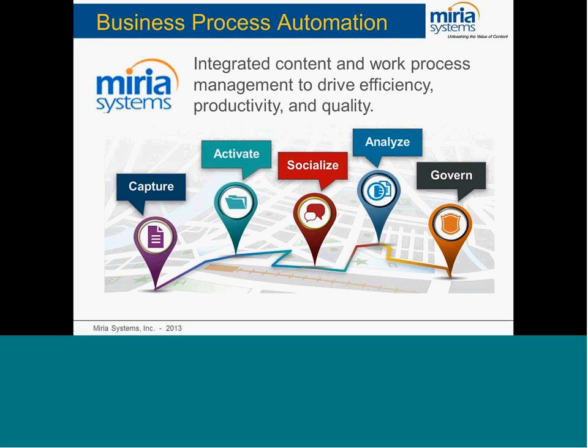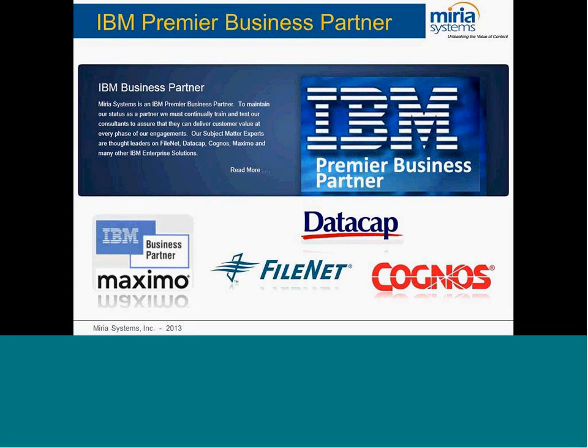For example, if you capture an invoice, how do you get it into your systems, activate it, and then socialize it or collaborate across your teams with it, analyze it, and then, of course, how do you govern it? How do you make sure that you're storing it for as long as you need to for your own internal compliance efforts or for contract reviews and those types of things? Miria is a company that has capabilities across that wide spectrum of business process automation from a content perspective.